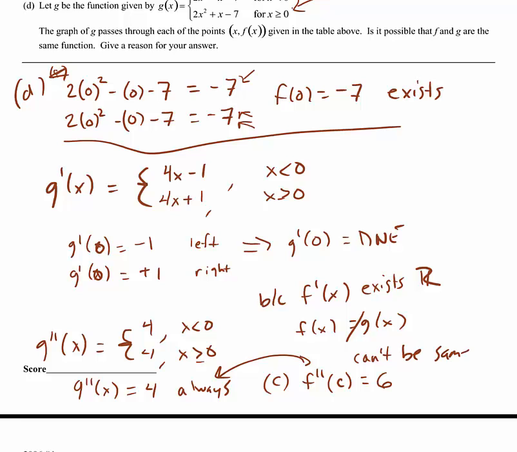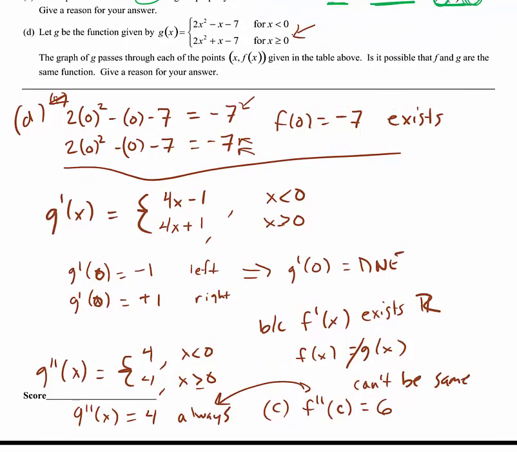This is kind of a weird one. It's kind of just thinking outside the box. You just kind of have to really think of some stuff that you knew about f or f prime. Think of some stuff for g or g prime by taking the derivative here and seeing what we can do.